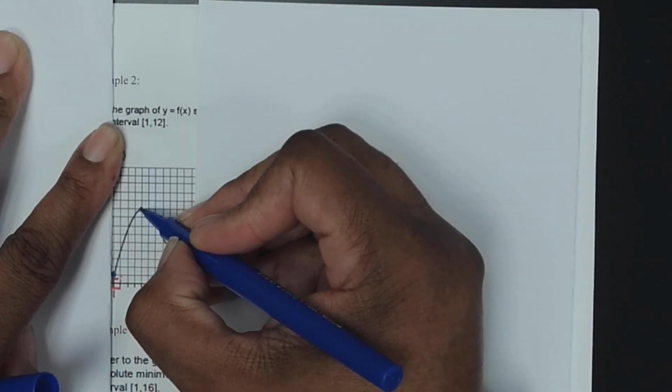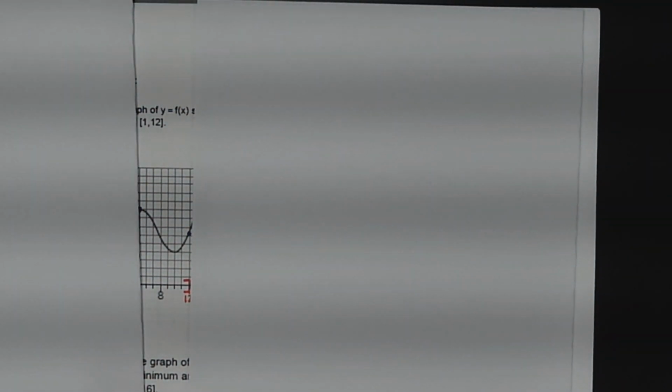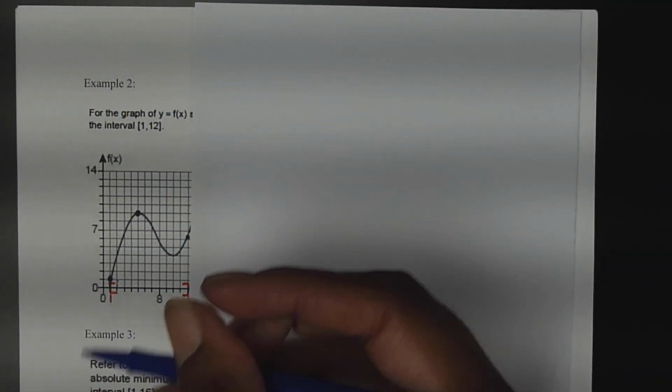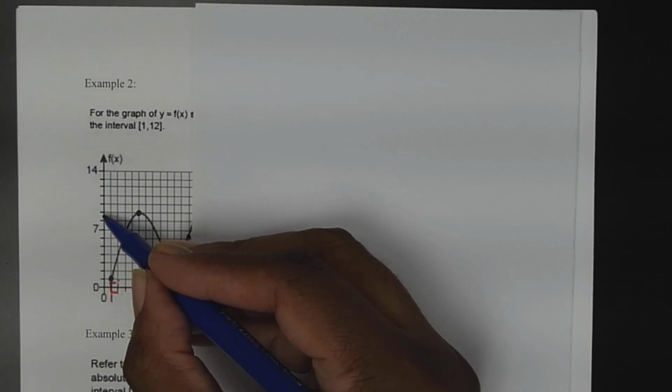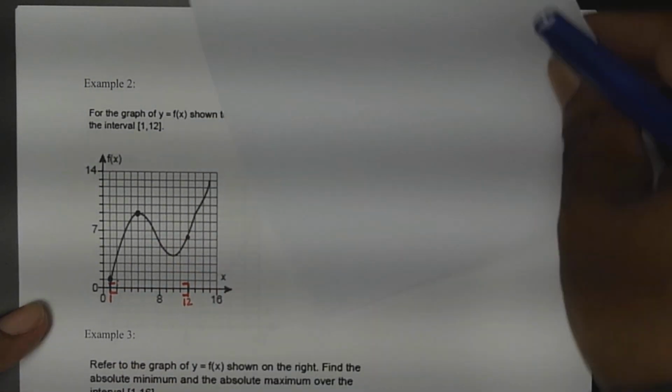That's this point here. Now let's find out what that y value is going to be. If you look at it, the y value is going to be 9. So your absolute maximum is going to be 9.